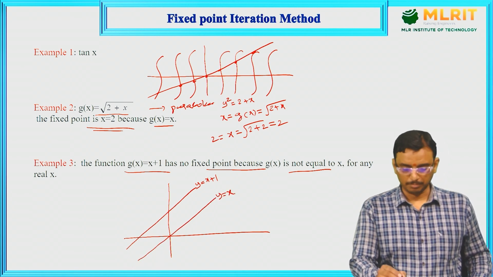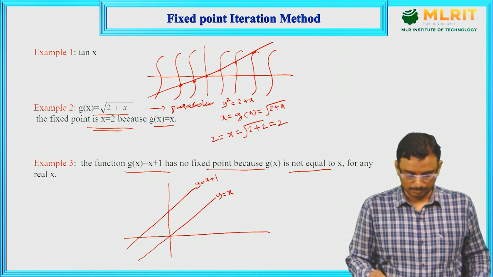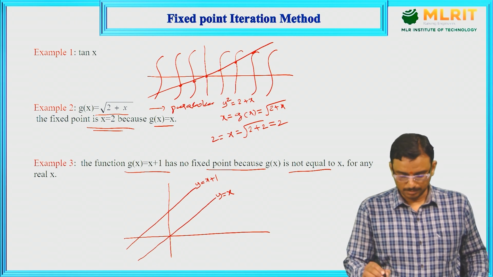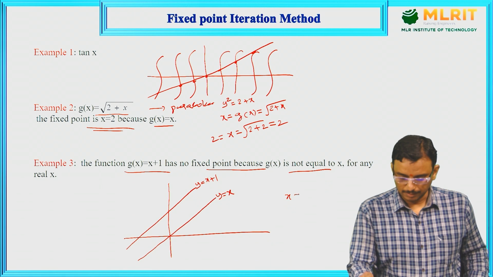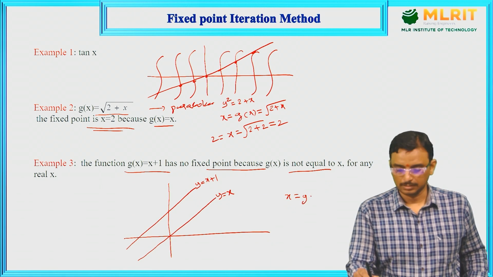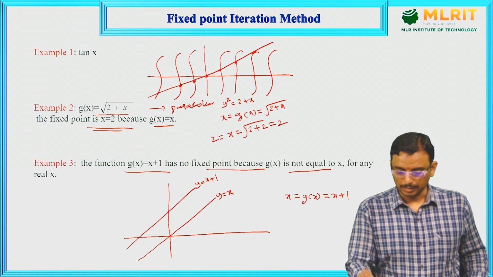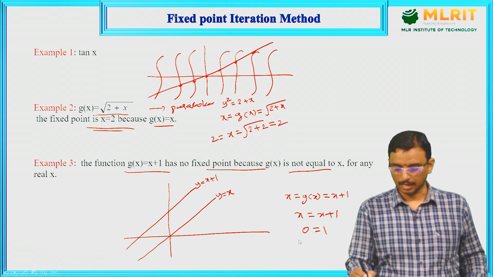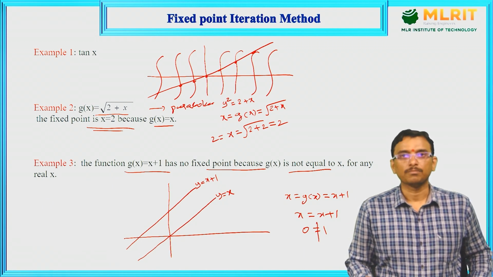These two are parallel lines and never intersect, so this function does not have any fixed point. If we write x = g(x) = x + 1 and cancel x on both sides, we get 0 = 1, but 0 is not equal to 1. So this condition fails, and it has no fixed point.